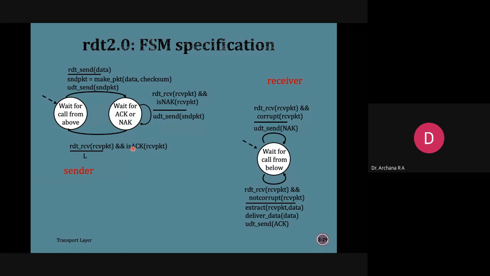ACK indicates positive acknowledgement, NAK indicates negative acknowledgement. If it is a positive acknowledgement, then do nothing. It can be represented by L. L indicates do nothing.